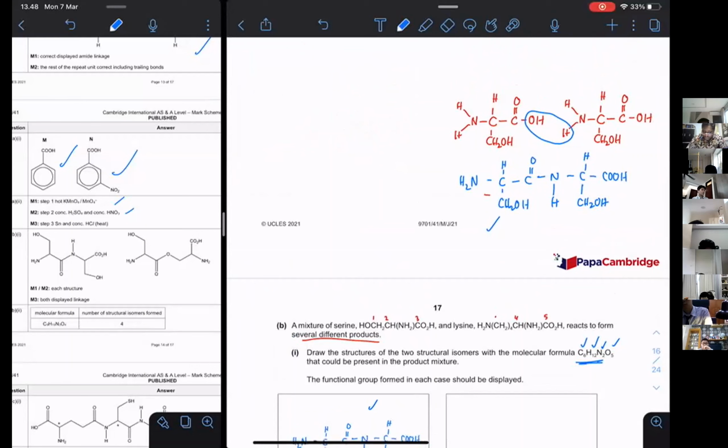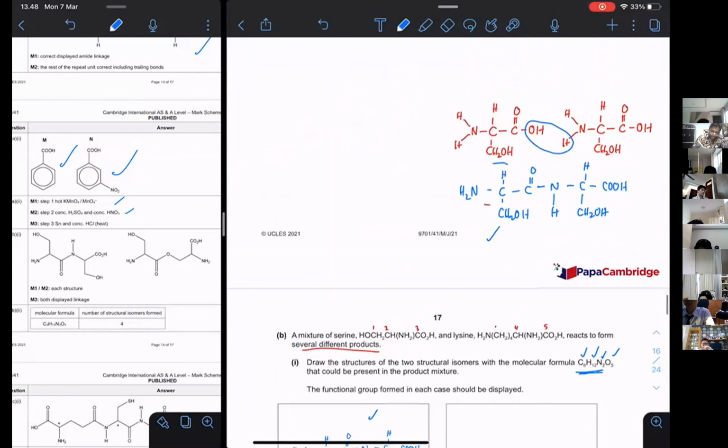If you draw another one, this one I'm reacting carboxylic acid and amine. So what else can we do? We can actually react carboxylic acid and alcohol. So let's draw CH. I put C double bond O, OH, and then NH2 I bring here.